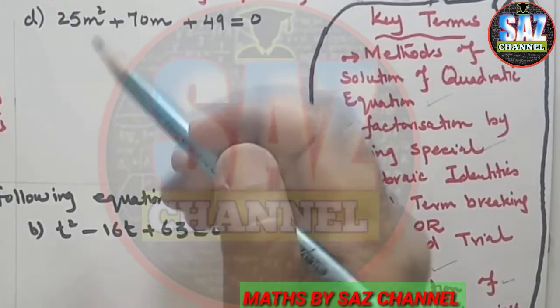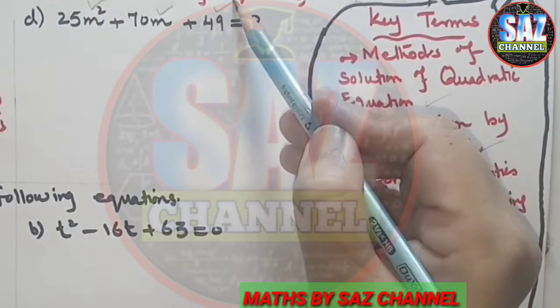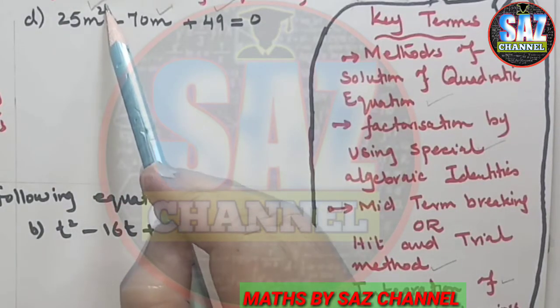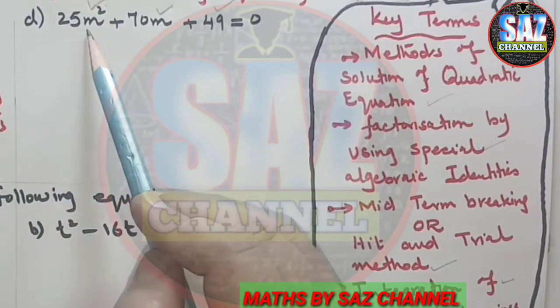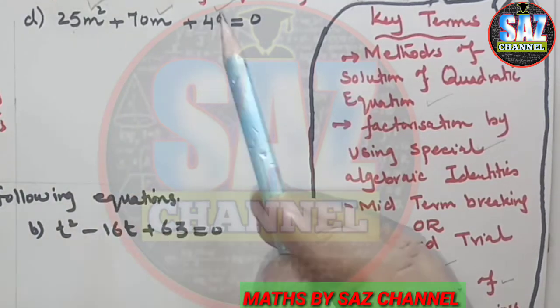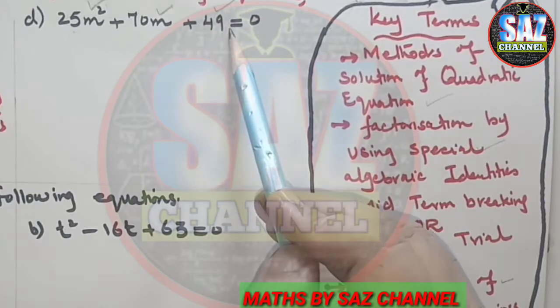The next part of the question is 25m square plus 70m plus 49. Again look at the first term, 25m square. It's a perfect square term. What is the number whose square is 25? 5. And 49, 7 is the number whose square is 49.